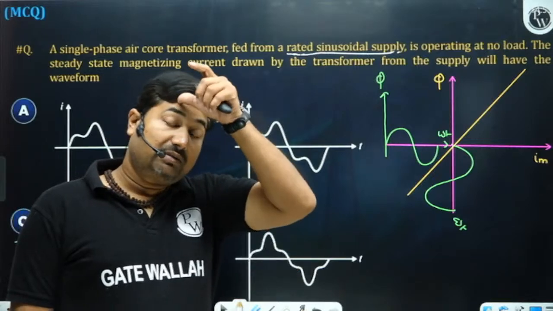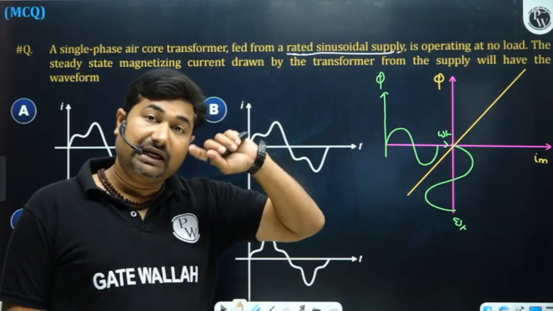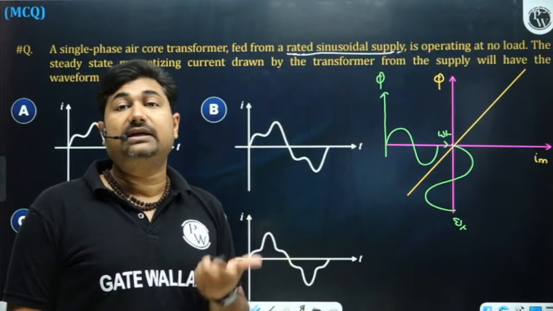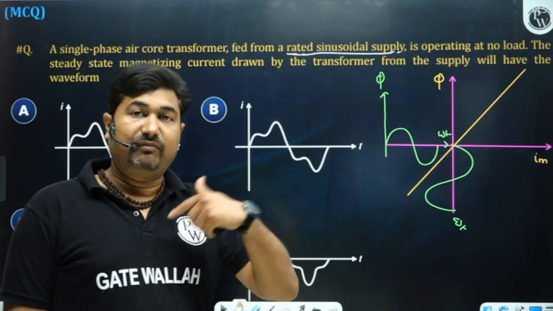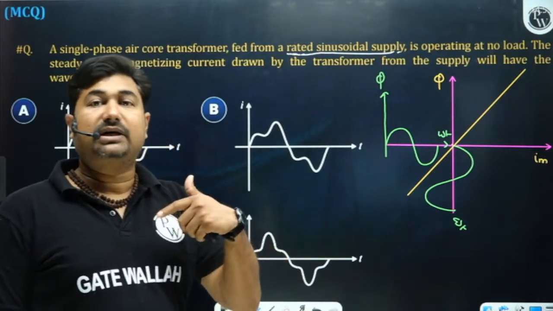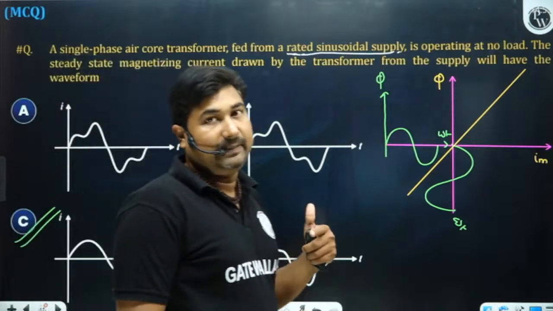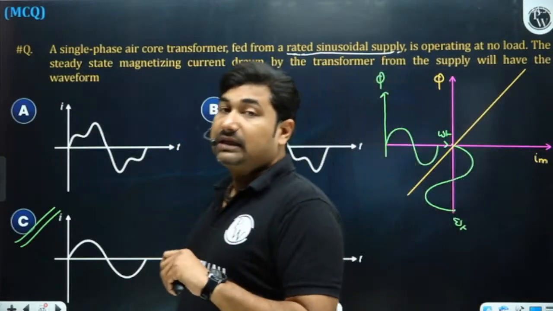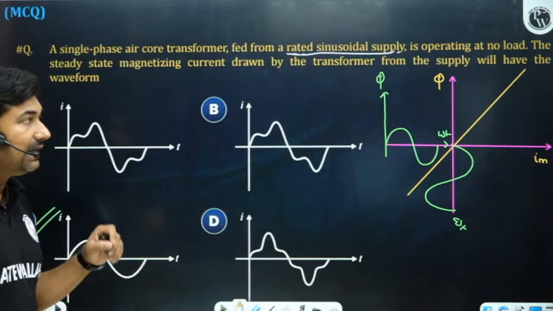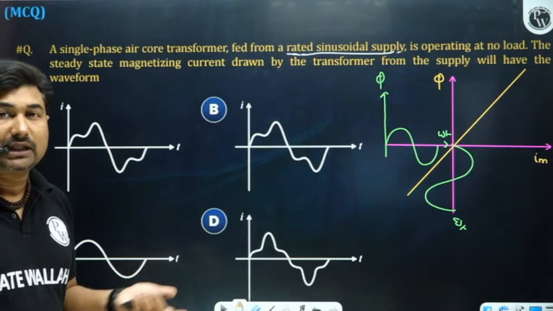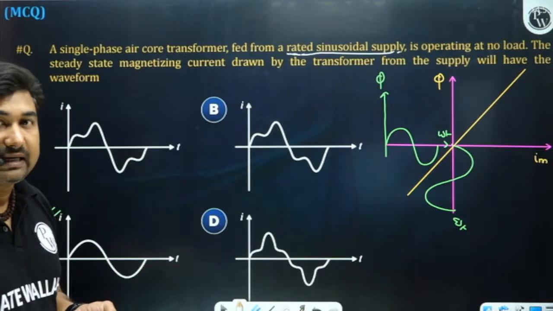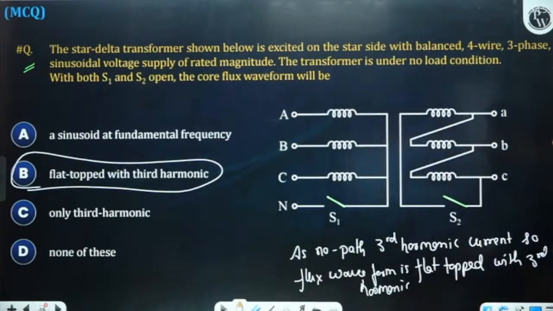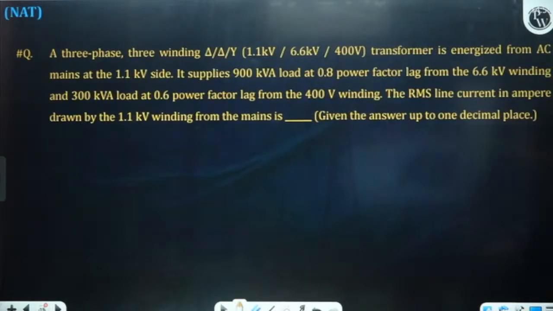So when the third harmonic current starts flowing, your secondary current will become peaky, and your primary current, because of the MMF balance, also gets distorted to peaky. Okay. So that is the case when the load is connected. When the load is not connected, there is no path for the third harmonic current from the secondary side. So voltage will remain peaky only. Hoping you are able to understand this.